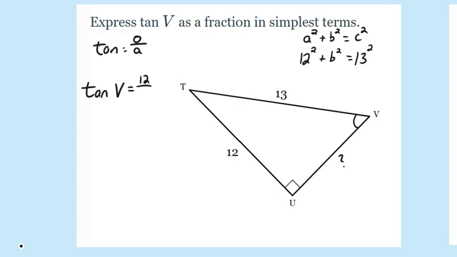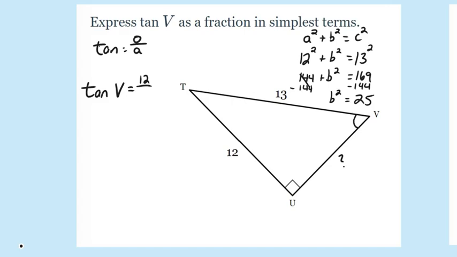So now we've got 12 squared, which is 144, plus b squared, which we don't know yet, equals 13 squared, which is 169. So now it's just a little algebra problem. We've got to get b by itself, so I'm going to subtract 144 from this side, subtract it from this side, and now we have b squared equals 25.